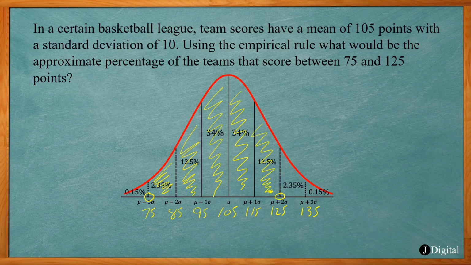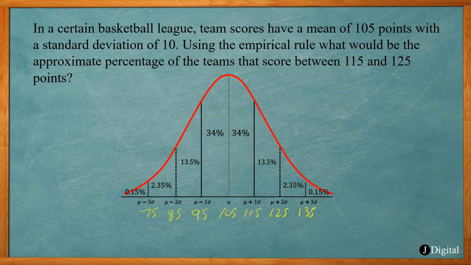Alright, so we're going to add those together. 2.35 plus 13.5 plus 34 plus 34 plus 13.5. That's going to add up to 97.35%. So 97.35% of the teams will fall between scoring 75 points and 125 points.